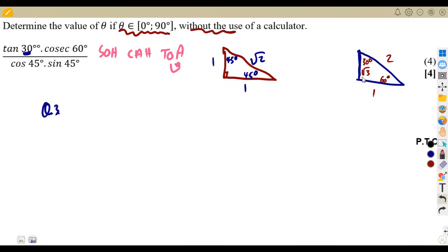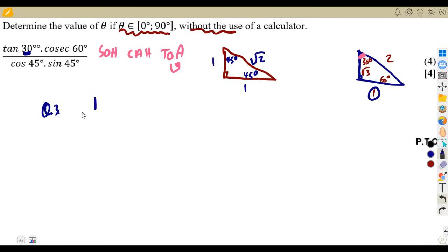So according to the angle of 30 degrees, the opposite is the one that is facing 30 degrees, which is 1. Times, in this case, we are going to need the cos, which is adjacent over hypotenuse. So there we're having the square root of 3. Opposite is 1, and our adjacent in this case is the square root of 3. So there we've got 1 over the square root of 3.